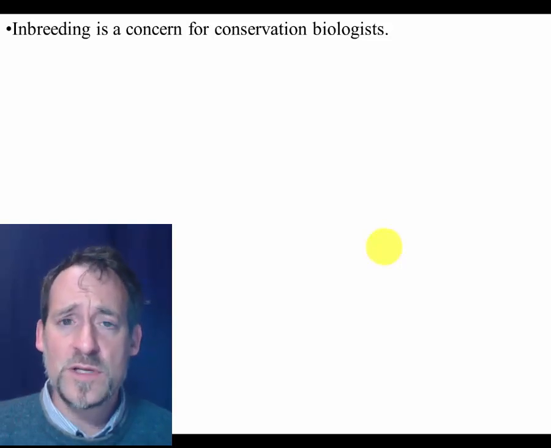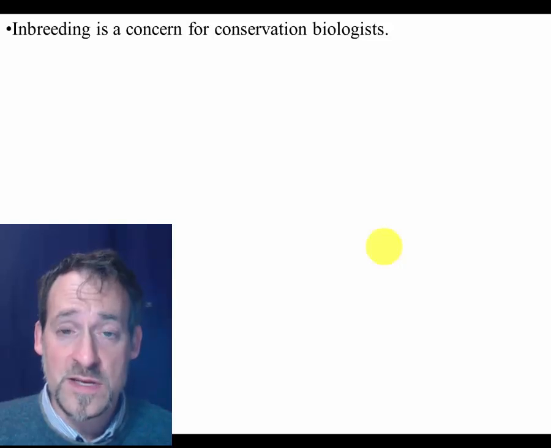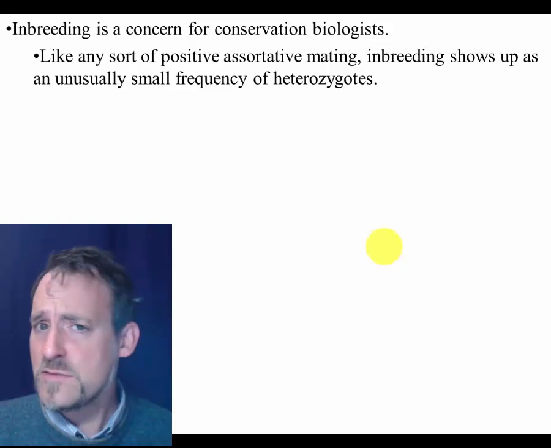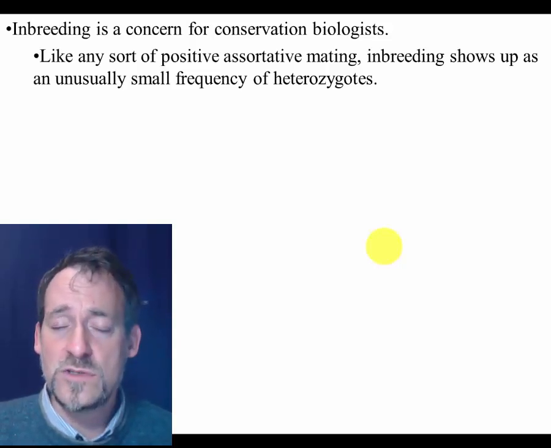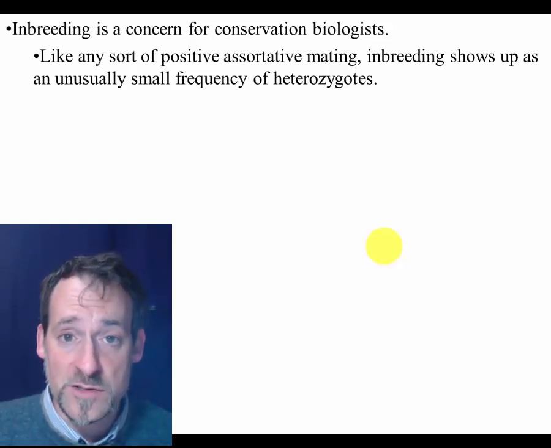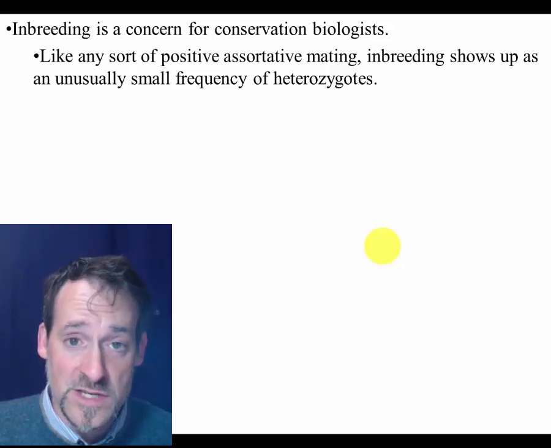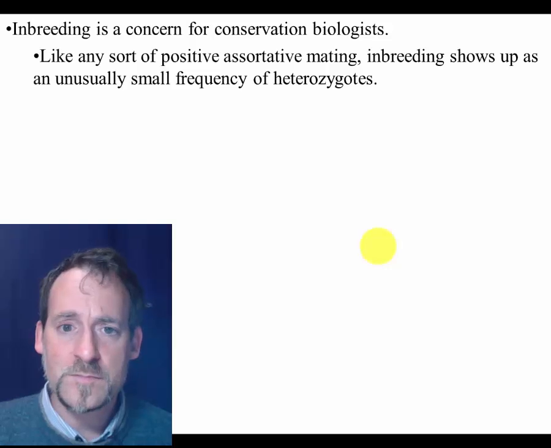Whenever you get small populations, one of the things that conservation biologists are concerned with is that it may begin inbreeding. And as I was just discussing with the mayflies, inbreeding shows up as an unusually small frequency of heterozygotes. You get too many homozygotes and too few heterozygotes compared to what you'd expect from Hardy-Weinberg equilibrium.